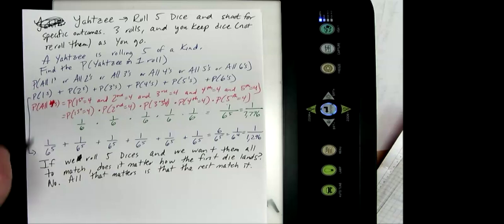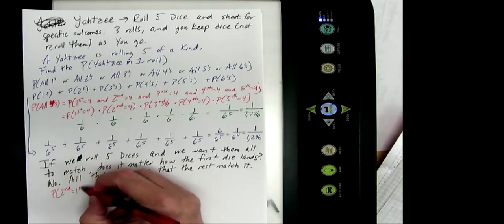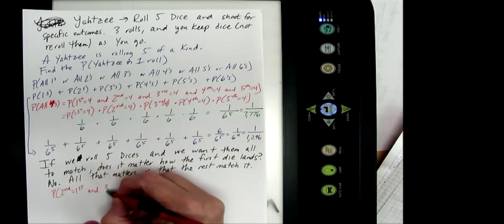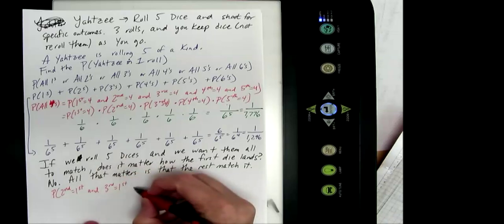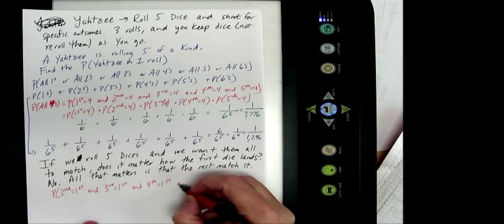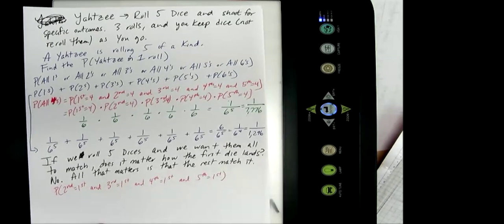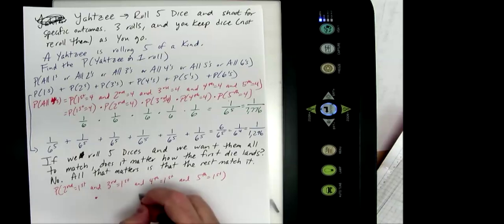So we did a lot of calculations here to get to the 1/1296. This actually simplifies to the probability that the second equals the first, and the third equals the first, and the fourth die equals the first die, and the fifth die equals the first die. And the and turns into multiplication.